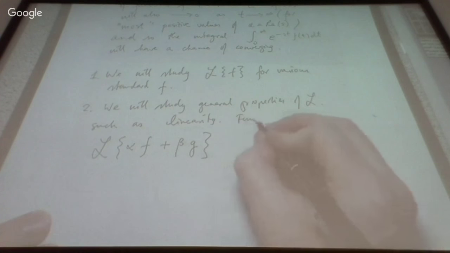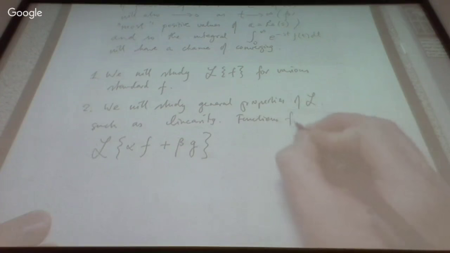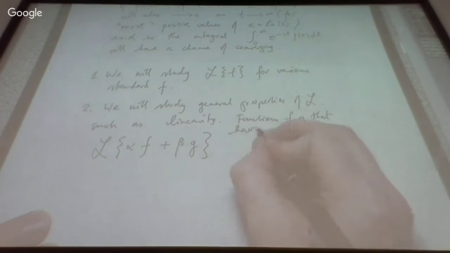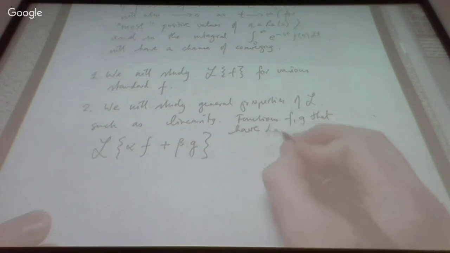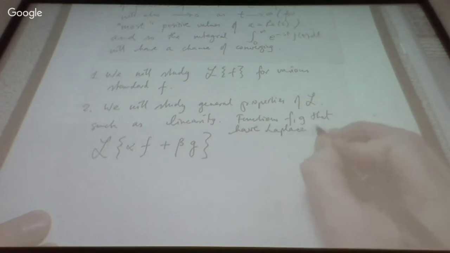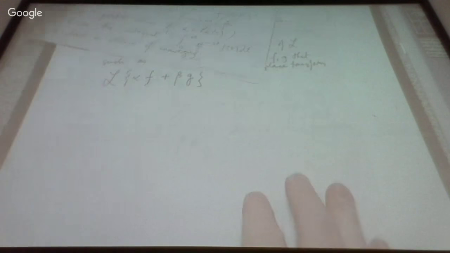So if I have functions f and g that have Laplace transforms, functions for which those integrals converge, what is the Laplace transform of alpha f plus beta g?